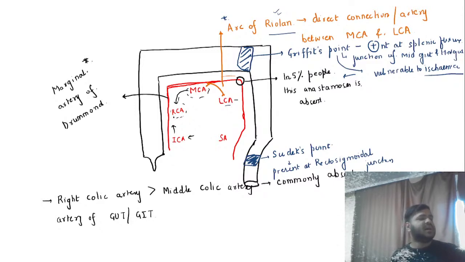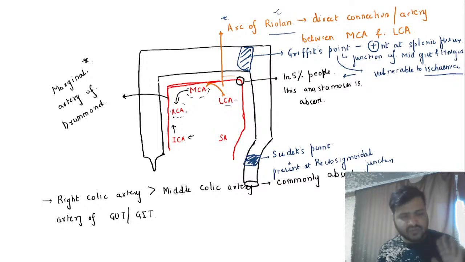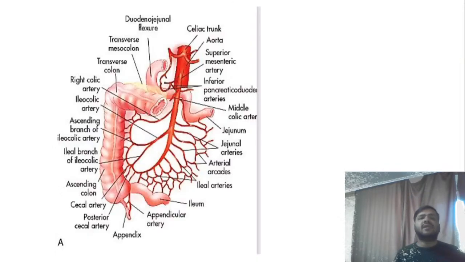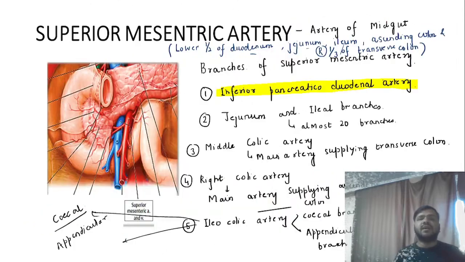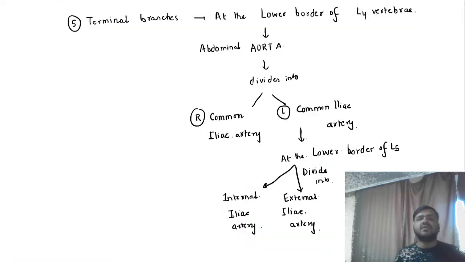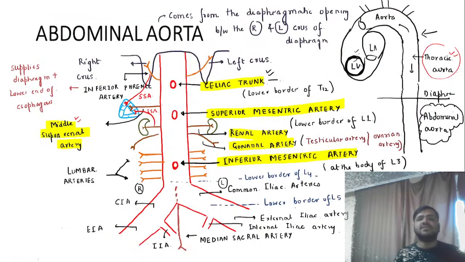So in this video, I have discussed the arteries which are supplying the gut. I hope I have made things pretty clear to each and everyone. We have discussed the inferior mesenteric artery, the superior mesenteric artery, the celiac trunk, the abdominal aorta, how it continues, all the branches, and all the images we have also seen.